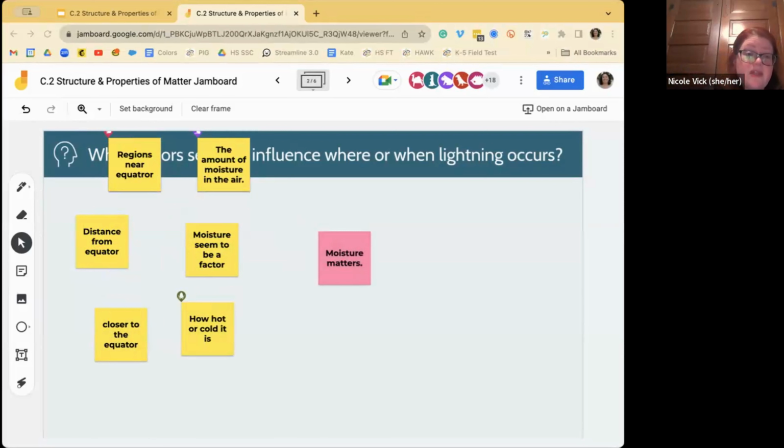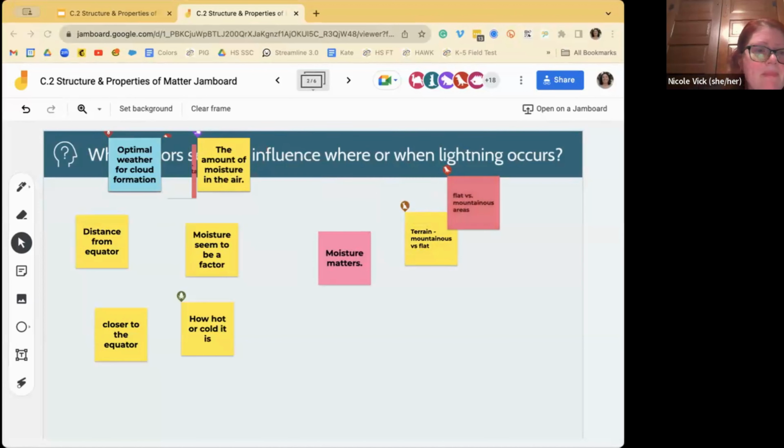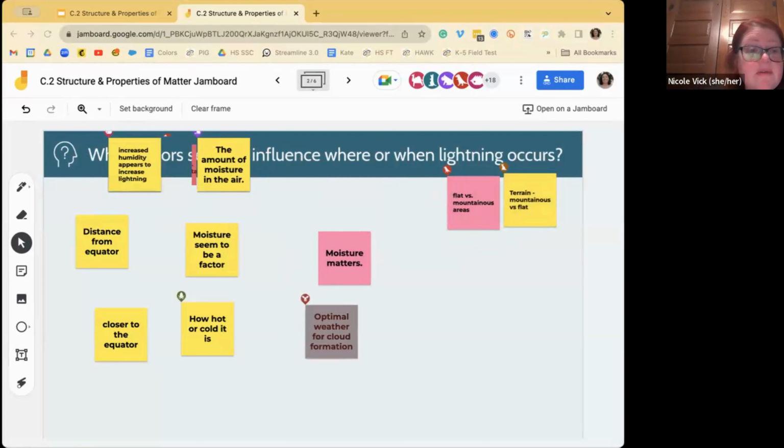So if you're closer to the equator, okay, if it's in a mountainous region versus being flat, okay. So the type of weather to make the clouds, right?